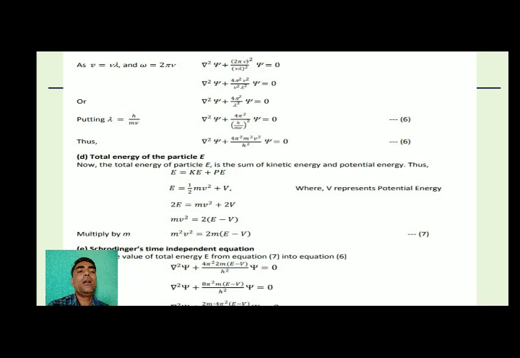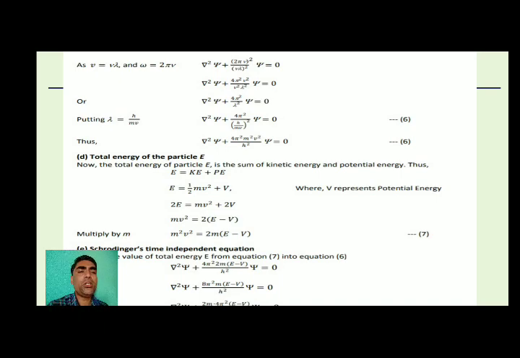So therefore ∇²ψ + (4π²ν²/ν²λ²)ψ = 0. Now in this equation you can cancel out the term ν². So the equation becomes ∇²ψ + (4π²/λ²)ψ = 0.